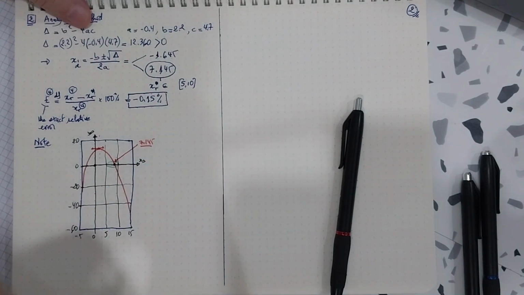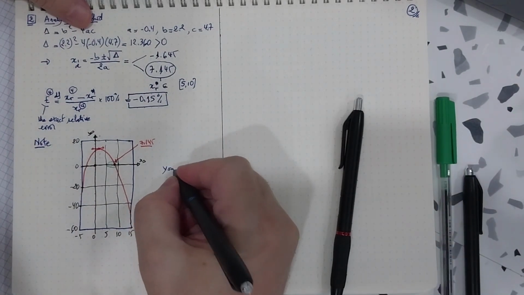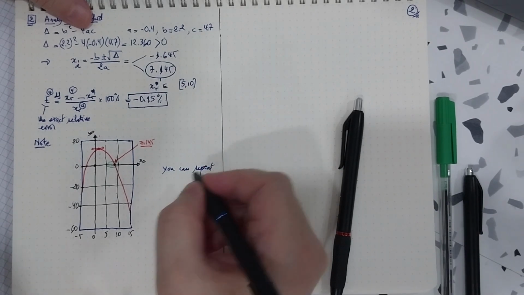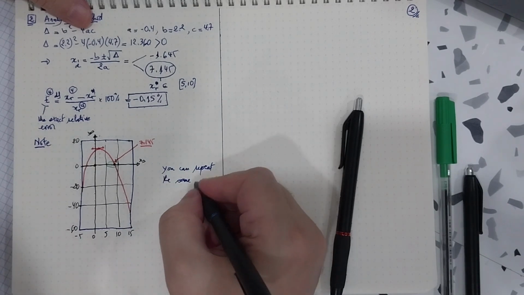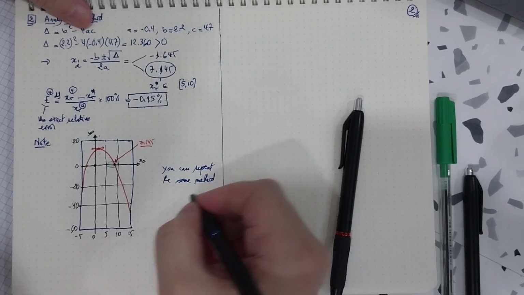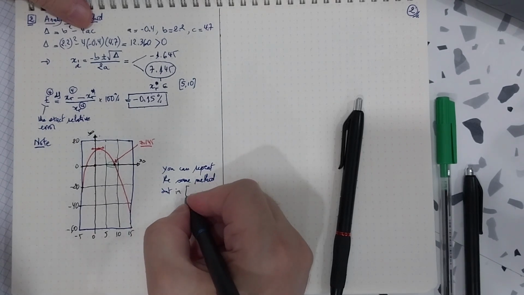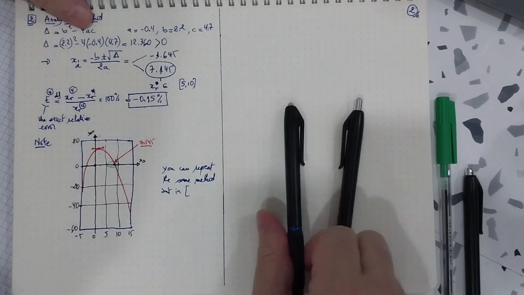You can repeat the same table as an exercise. It's always the same method, but in the interval -5, 0.